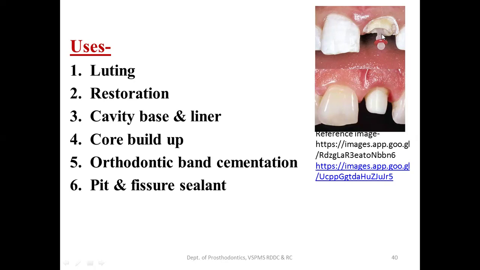You just accept this image because this is not a GIC crown. It is made with a composite resin, but just to tell you how the core is built, I have taken this picture. So you will have to build the core either with the glass ionomer cement or the core build-up material that we have seen in the different types, which is a little stronger as compared to the conventional GIC. So like this, the core is built.